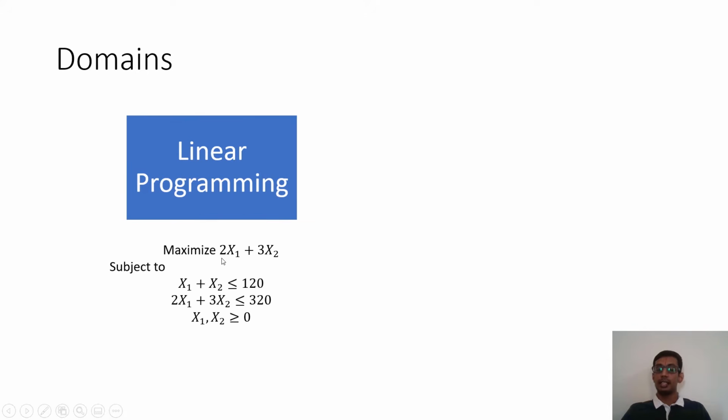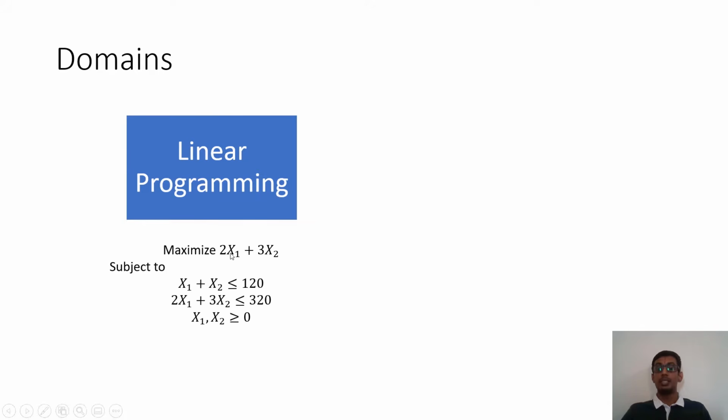And let 2 rupees be the profit generated from selling a unit of product 1 and 3 rupees be the profit generated from selling a unit of product 2. In that case, this is going to be the objective function which needs to be maximized, and these are the constraints corresponding to two resources A and B. This is how a typical linear programming problem will look.